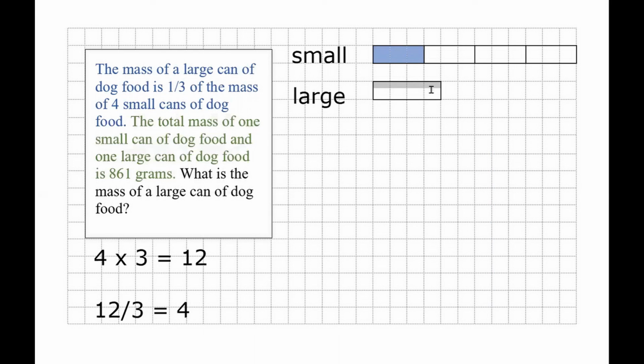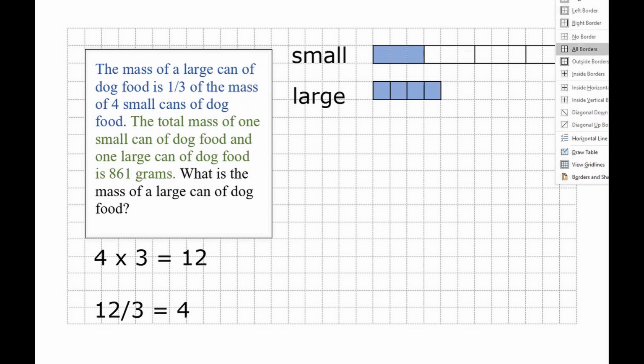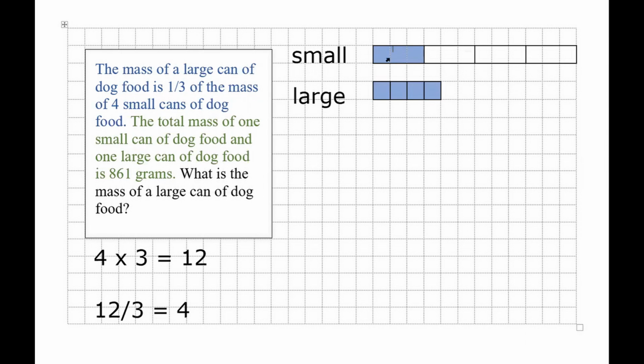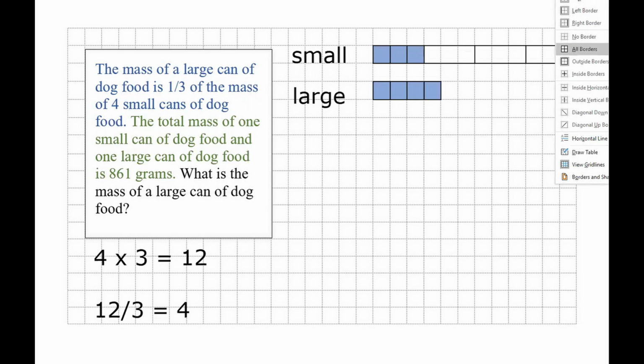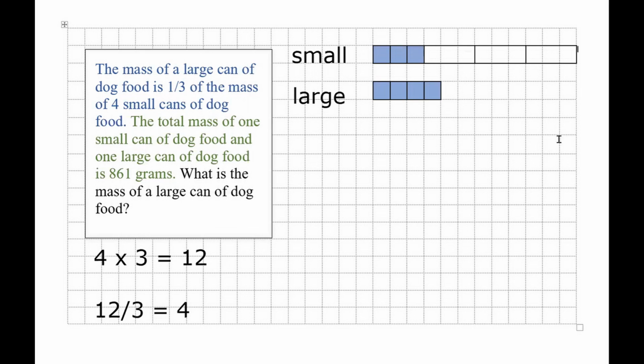And let's shade my large can, or one large can, blue as well. And let's make sure we understand the large can is made of 4 smaller squares, and that each small can is made of 3 smaller squares.